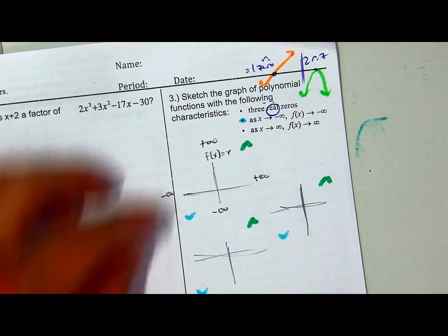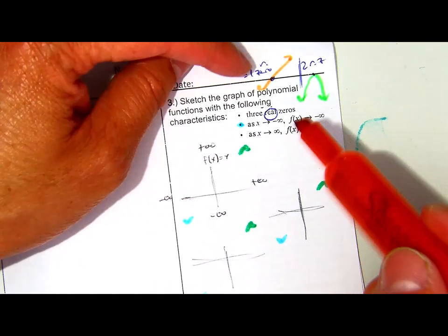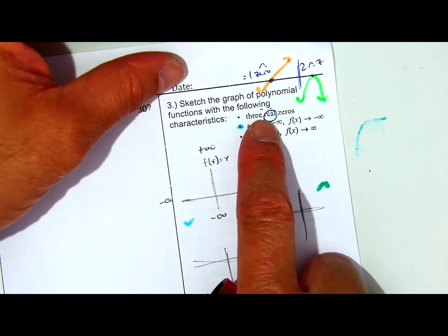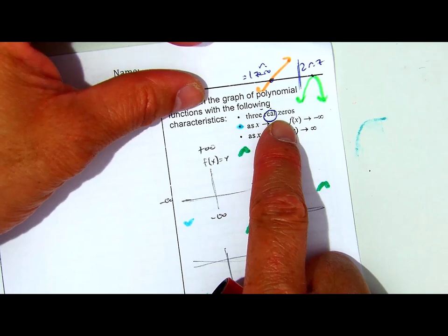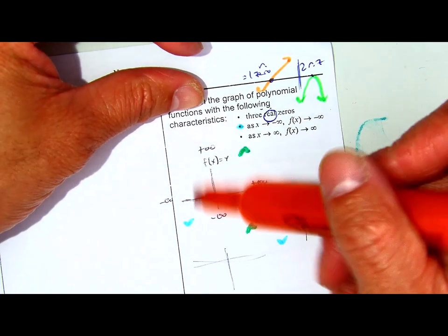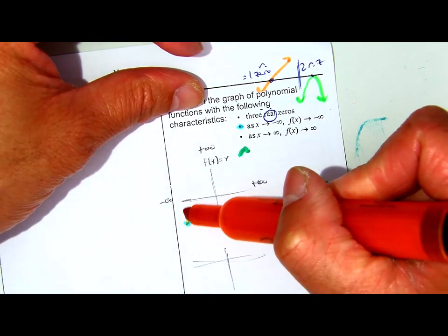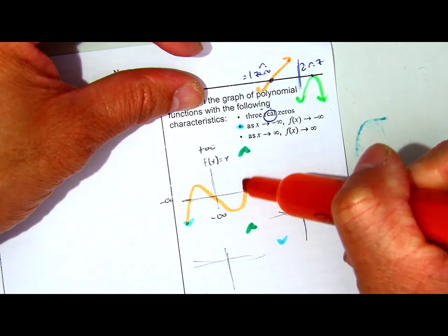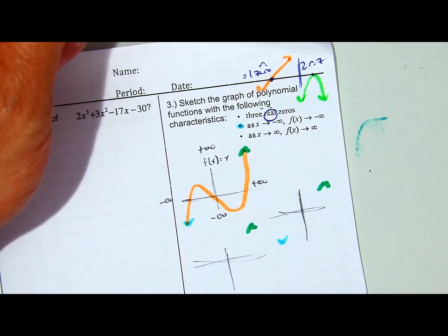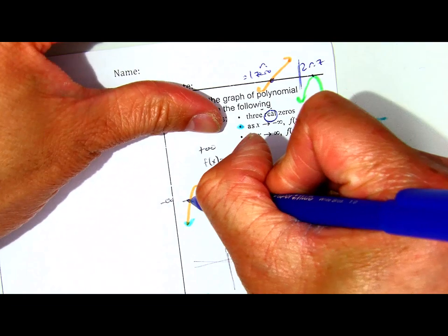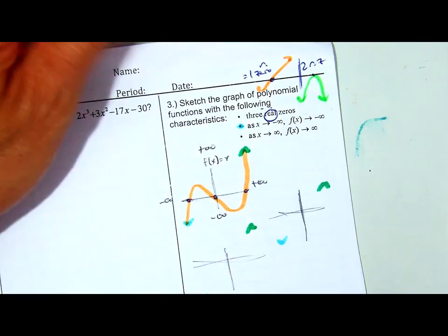I have 3 different scenarios. Again, I need to count up to 3 real zeros. So you can do something where it shoots through each time. There's 1, 2, 3. Let me count those for you. Shoot through 1, shoot through 2, shoot through 3. 3 points.